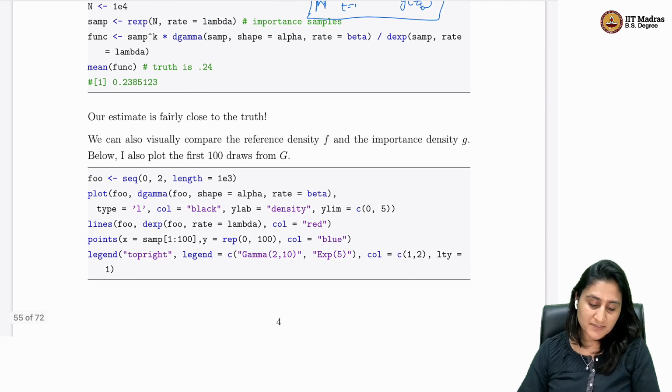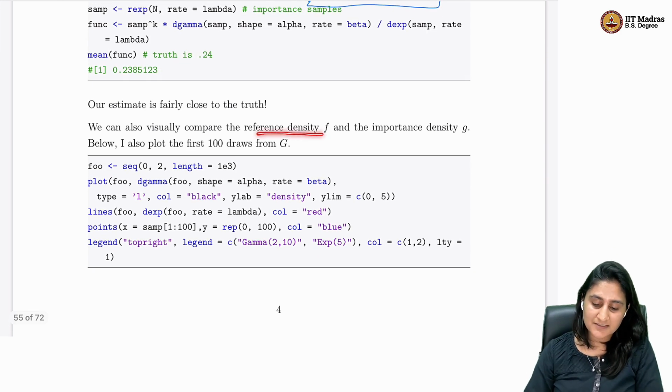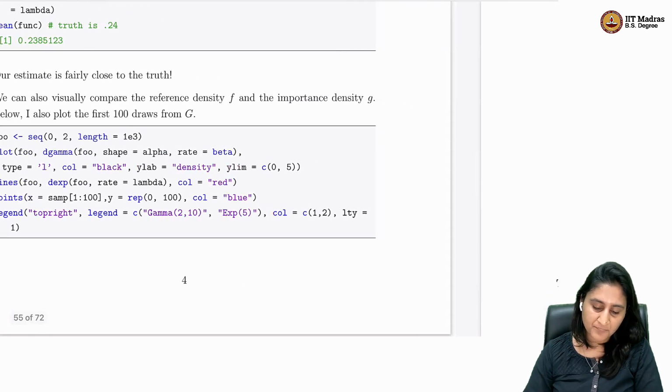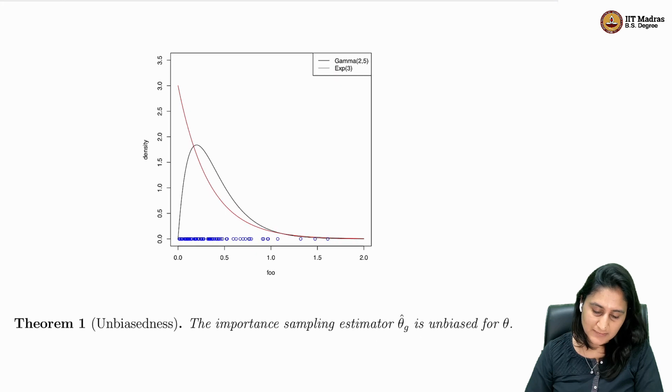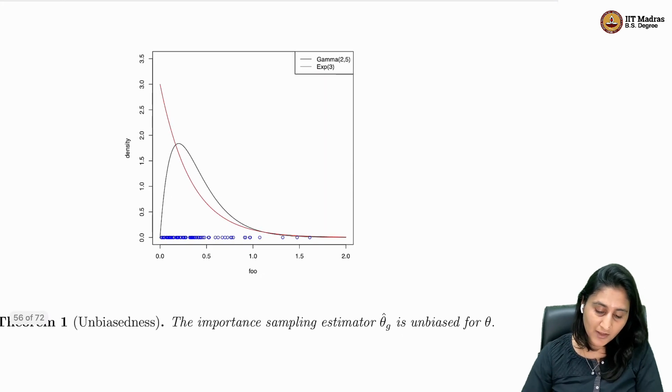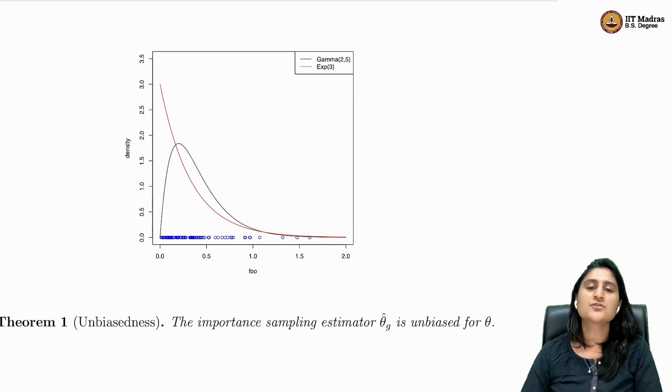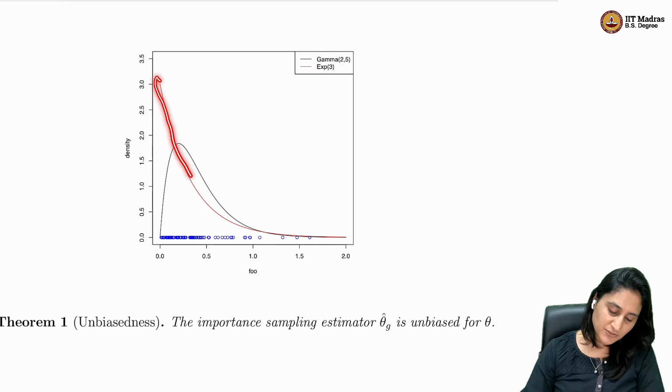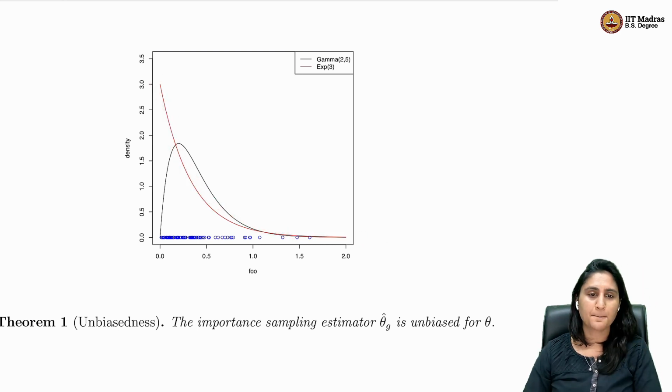Now we can also visualize and compare how the reference density F, the target density, and the importance density G actually look. I can see that the target density is in black, which is the gamma 2, 5. And the proposal density is this exponential, which is exponential 3.